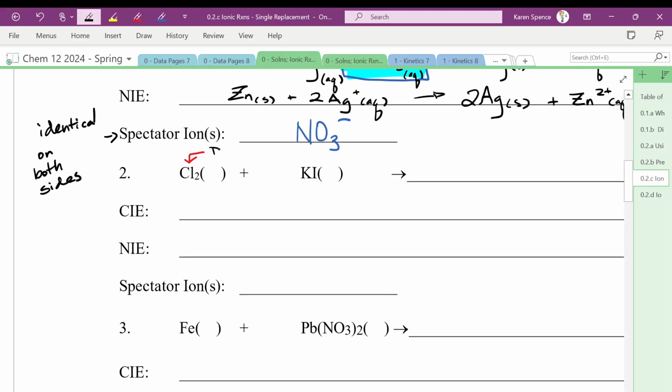So this is diatomic, and it is also elemental. So what is its charge? Its charge is 0. It's neutral.